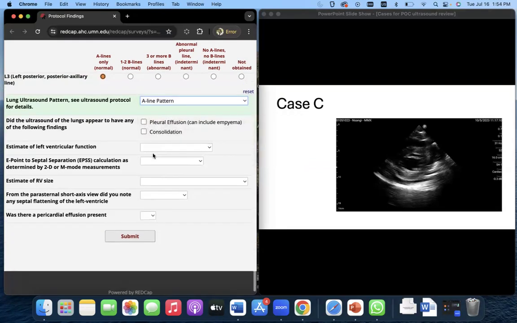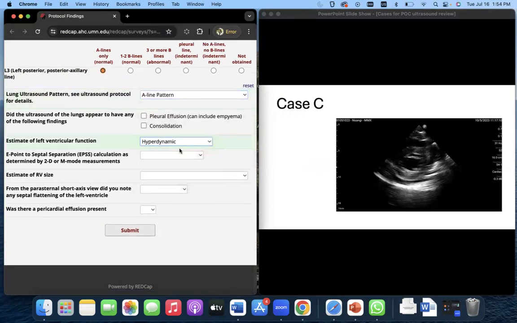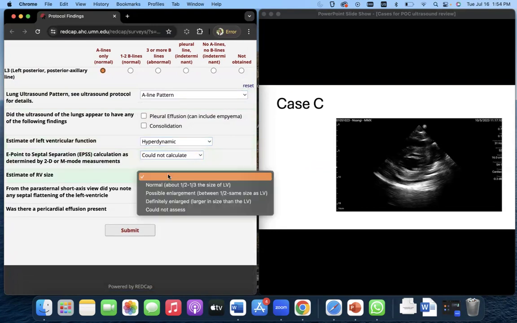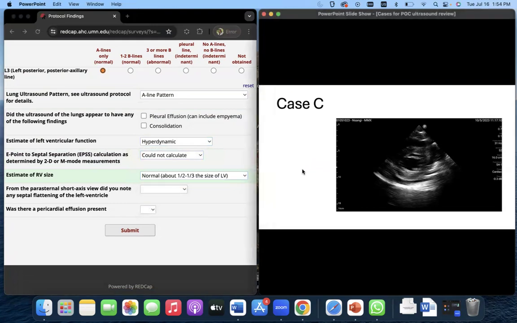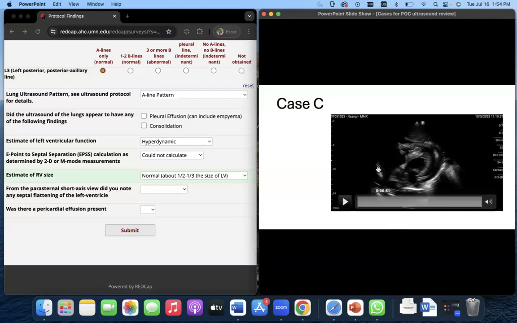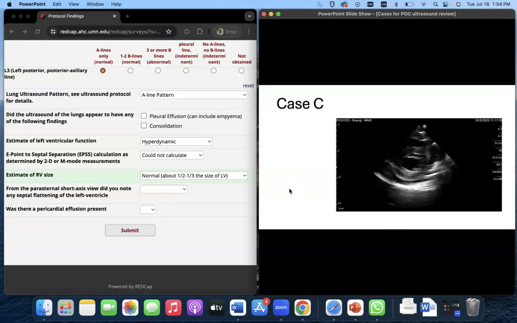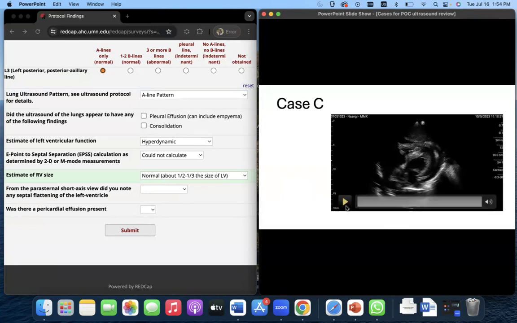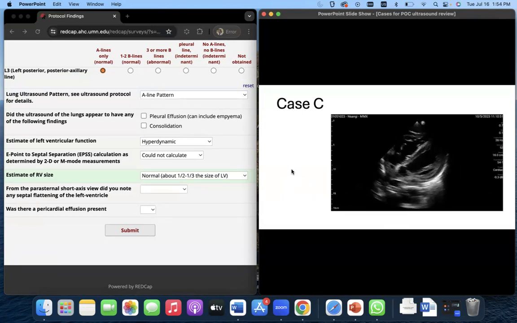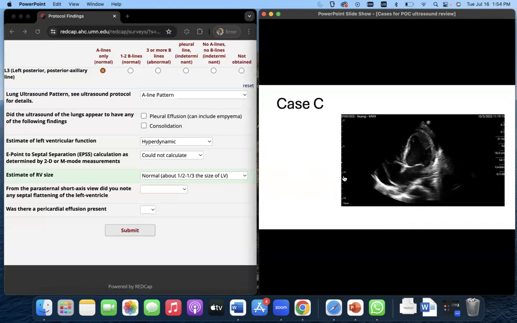We didn't really go over the lungs, but it looks like a hyperdynamic left ventricle. I don't think we calculated that. The right ventricle size looked normal to me. If we go back to the apical four chamber, one image back, there we go.